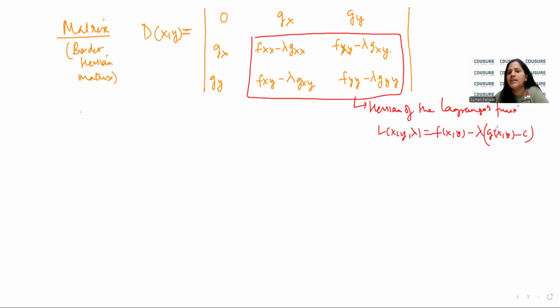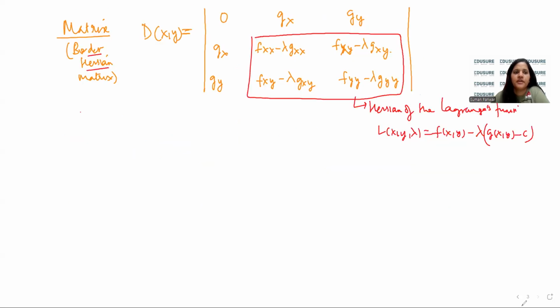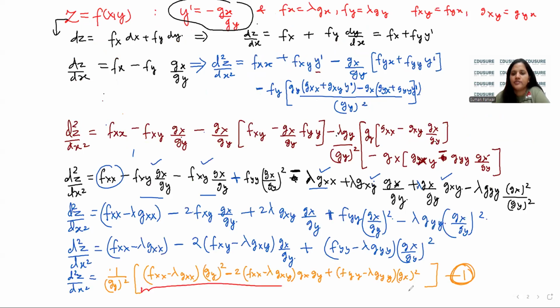So this is nothing but the Hessian matrix of the Lagrange's function, and that is why this entire 3 by 3 determinant is known as bordered Hessian determinant or determinant of a bordered Hessian matrix. Now, with further calculations, it can be seen that d2z by dx2 will turn out to be minus 1 upon gy square D of xy, because this entire quantity inside the bracket is going to be minus of Dxy.